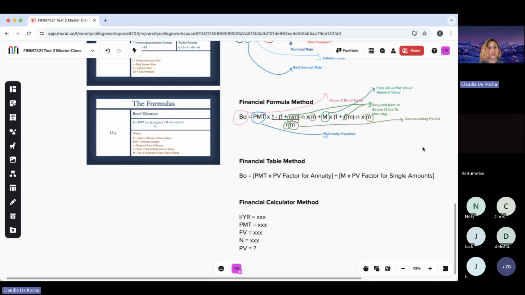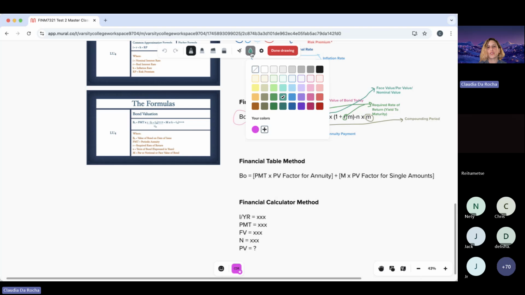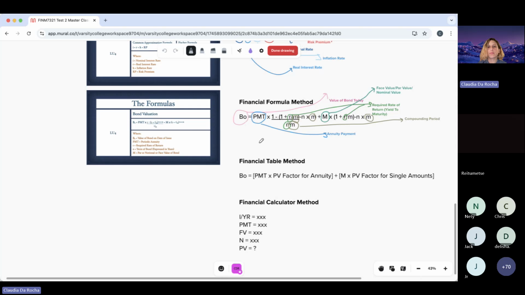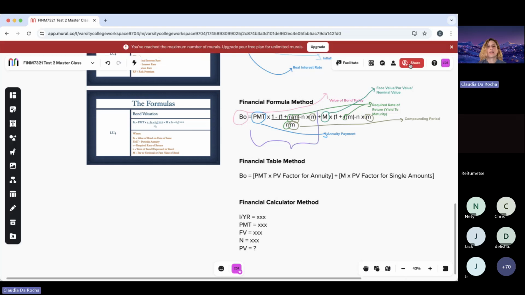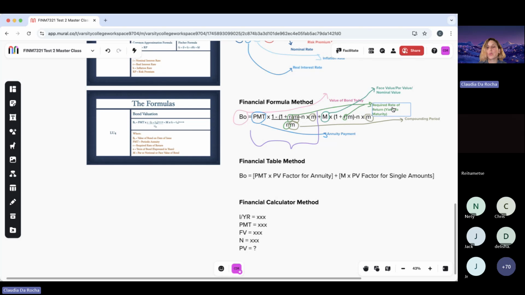Okay, what I wanted to show you quickly now is, in essence, this formula is a combination of two formulas from Learning Unit 2. It is your present value of a single amount and your present value of an annuity. So this section of your formula, before the plus, is your present value of your annuity.